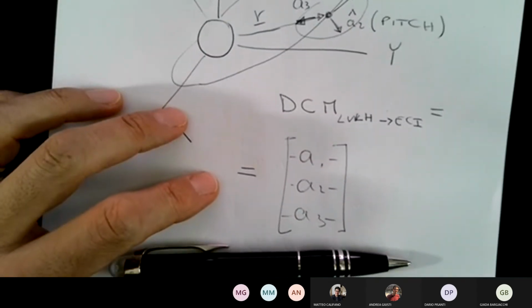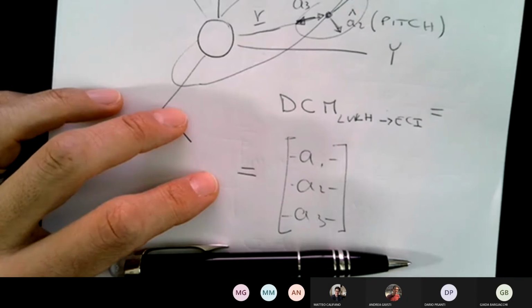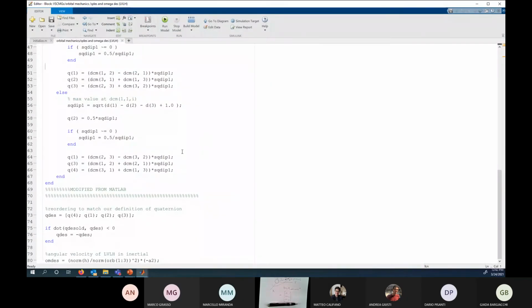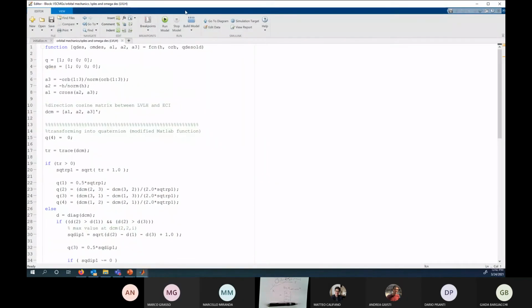So if I go back and share, that's all this function is doing. It's taking in position and velocity. It doesn't really use the velocity just because h is something that I have computed in my initialize file, but you could do it in here. It doesn't matter. It takes the position and velocity. It takes the angular momentum vector.